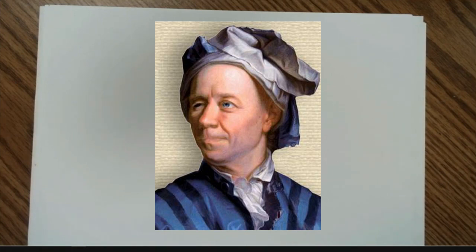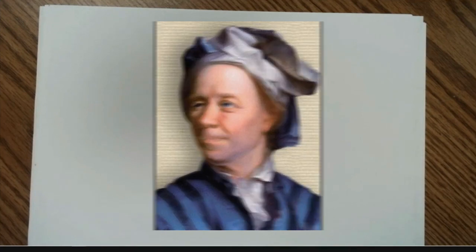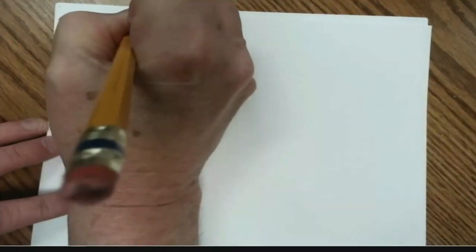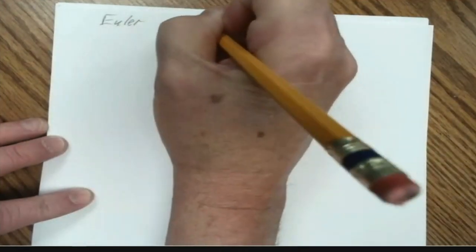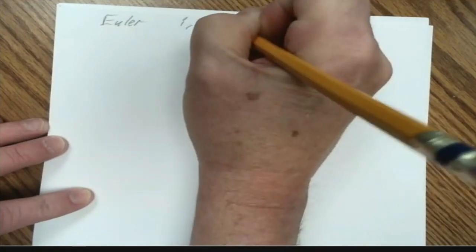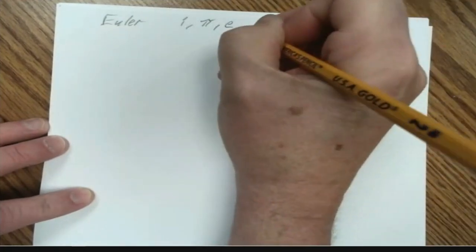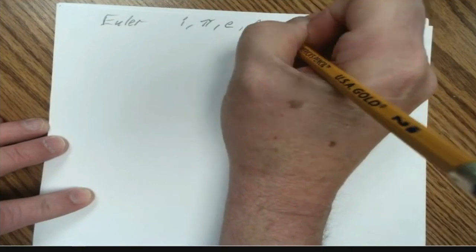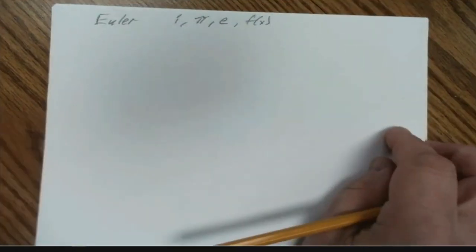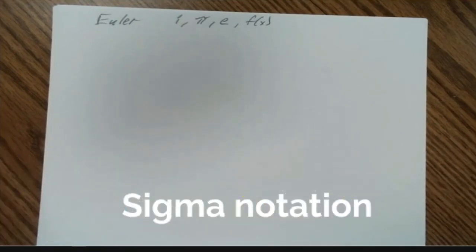Function notation, the f of x, that was Euler's idea. And using e, that was all Euler's idea. So Euler was quite the guy. Another thing he contributed to what we're going to look at today is sigma notation.